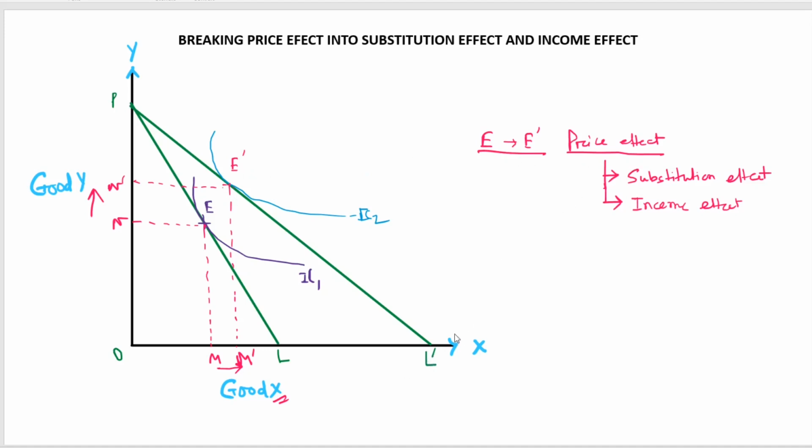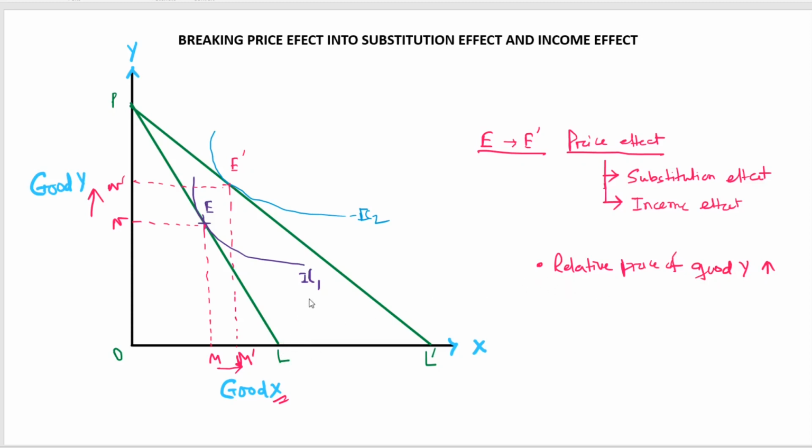One is that the price of X falls, so the relative price of good Y will obviously rise.